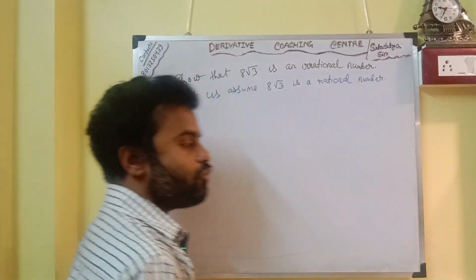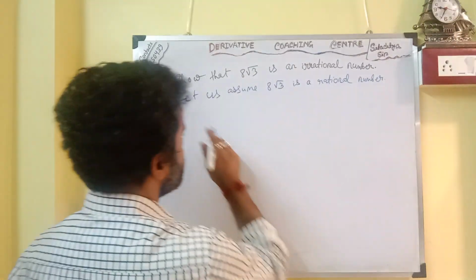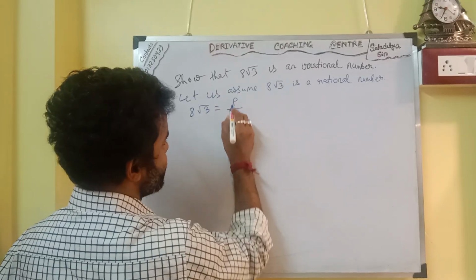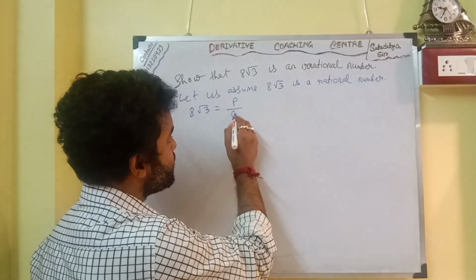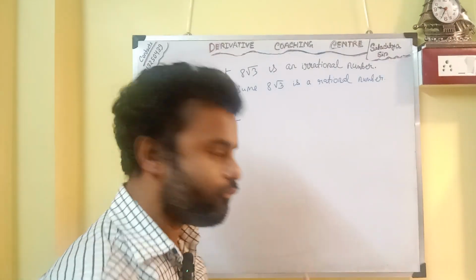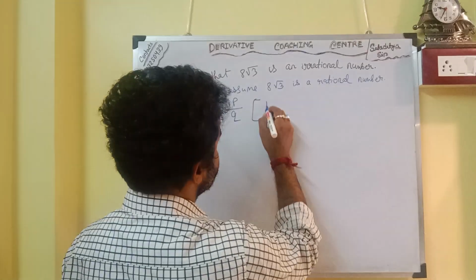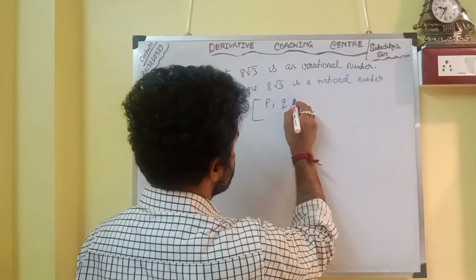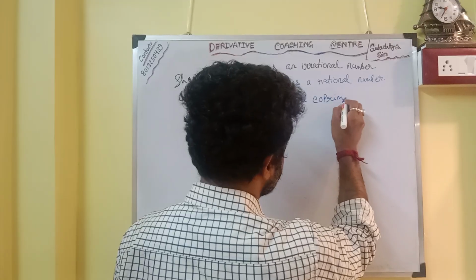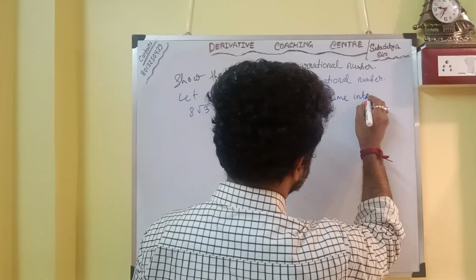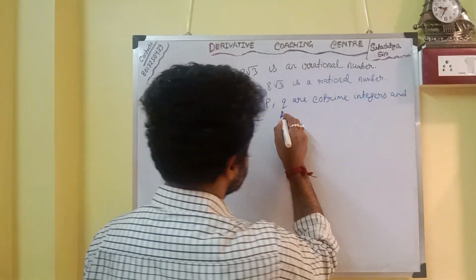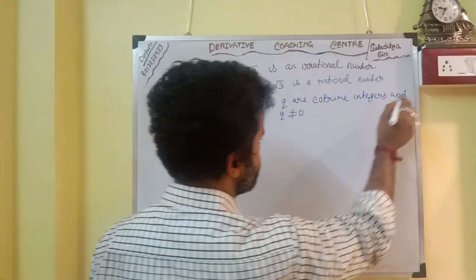So you already know what is called a rational number. If 8 root 3 is a rational number, we can say that 8 root 3 equal to P by Q, because we know rational numbers can be expressed in P by Q form. And P and Q are co-prime integers, and Q not equal to 0.